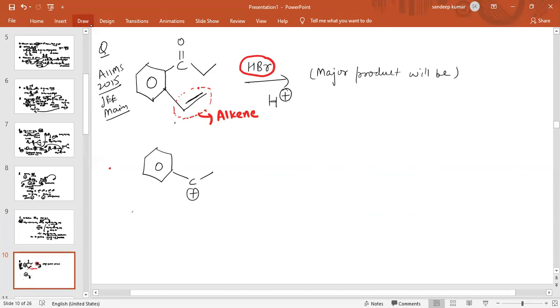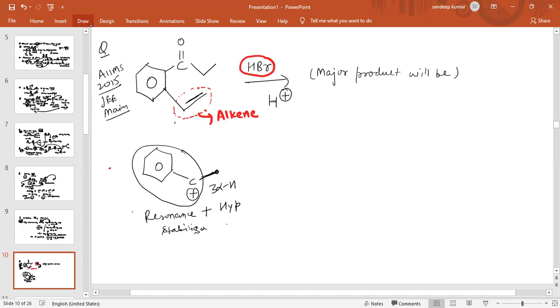Why? Because at this position, if this group is CH3, there are 3 alpha hydrogens. Also this positive charge next to the double bond is in resonance. So there is hyperconjugation, and along with hyperconjugation, this is resonance stabilized.